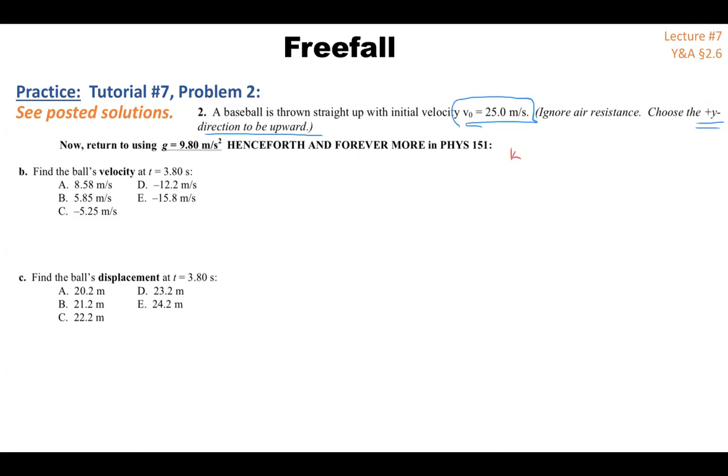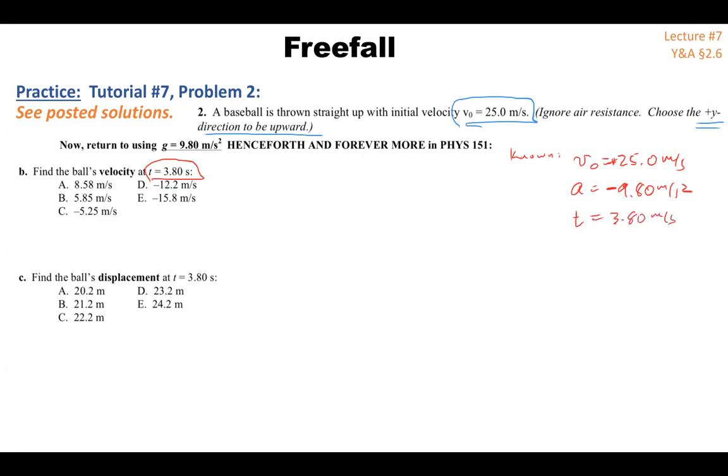So our known values are initial velocity, positive 25 meters per second, and our acceleration, right? Negative 9.8 meters per second squared. And then finally, your time. So time is given in this particular case as 3.8.